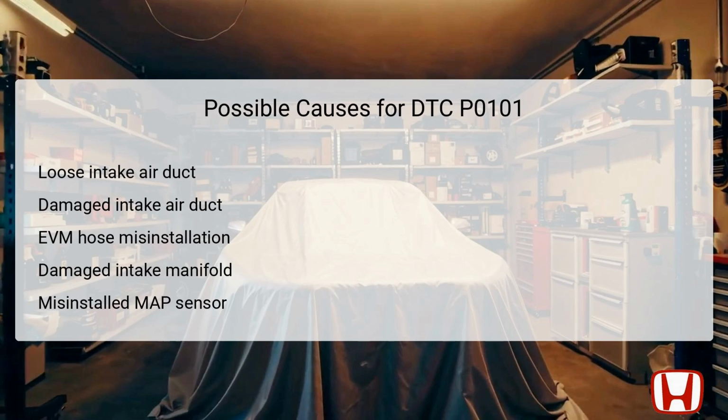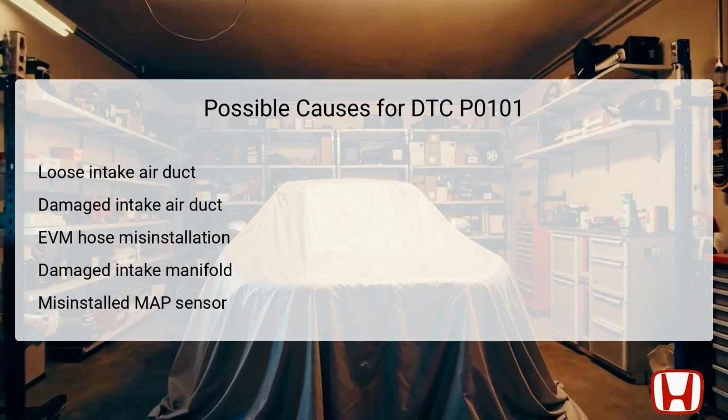Another common issue is related to the evaporative emission (EVAP) canister purge hose, which, if misinstalled, can interfere with airflow measurement. Additional potential causes include a damaged intake manifold, which can affect how air enters the engine, as well as a misinstalled MAP sensor that will yield incorrect calculations of airflow based on pressure.